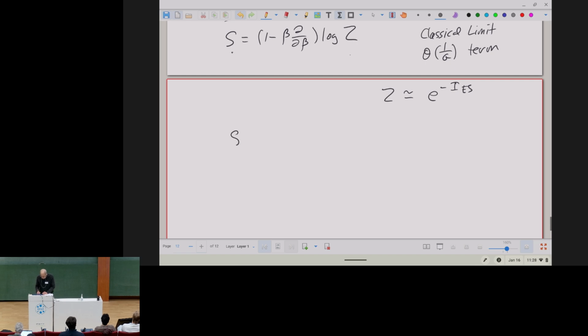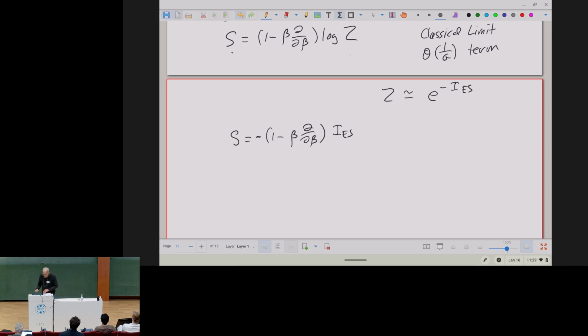So S is then (1 minus beta d by d beta) of log Z, but log Z is minus the action. So now that justifies the statement that all we have to do to calculate the entropy is to calculate the classical action.